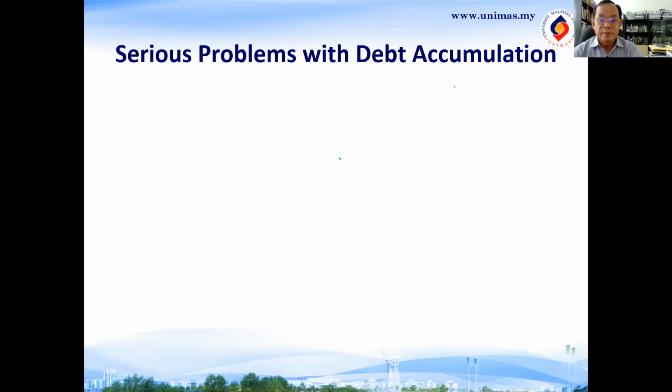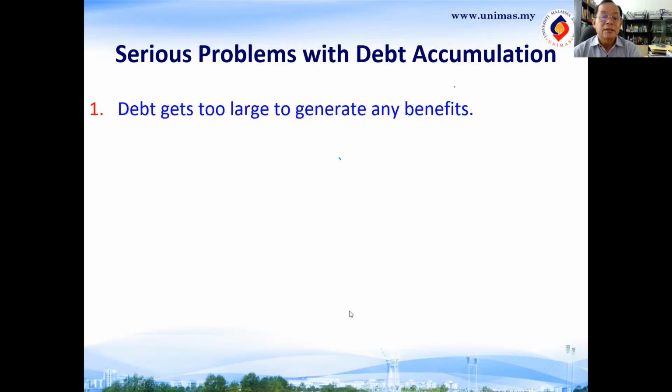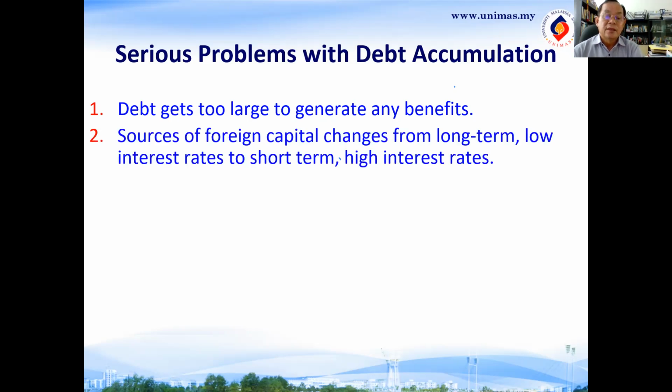So there are serious problems with debt accumulation, of course, yeah. When the debt gets too large to generate any benefits, then it is a real problem, yeah. Sources of foreign capital changes from long-term low interest rate to short-term high interest rate. Nah, itu juga satu perubahan yang drastik, di mana the terms of borrowing tadi, ya, bertukar daripada long-term interest rates to short-term interest rate.